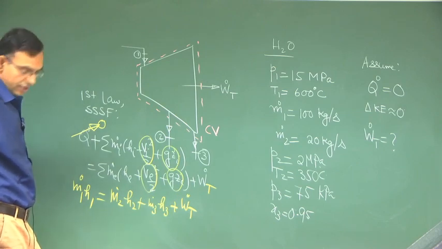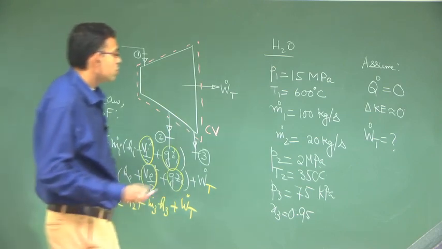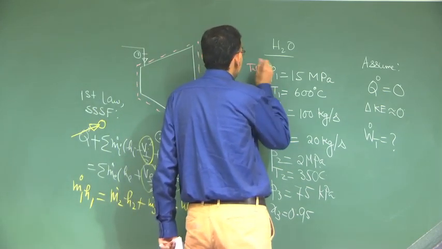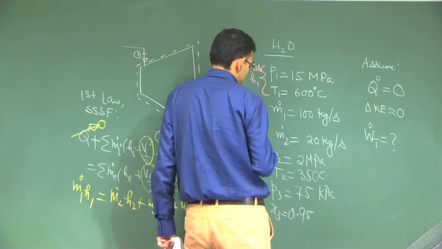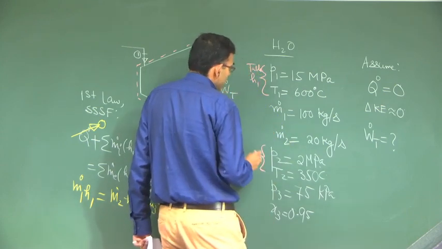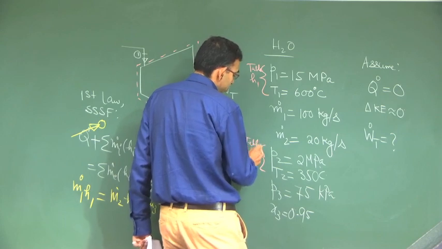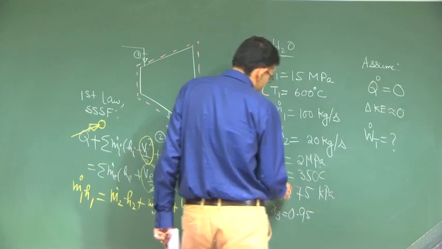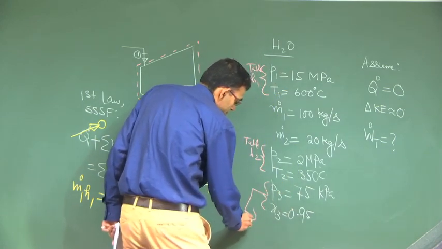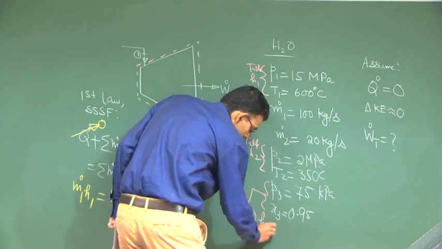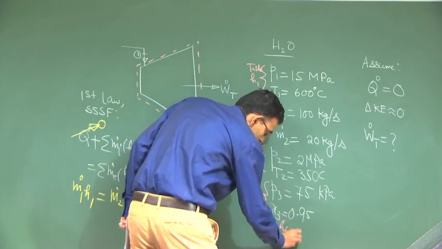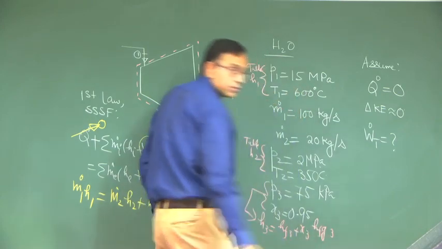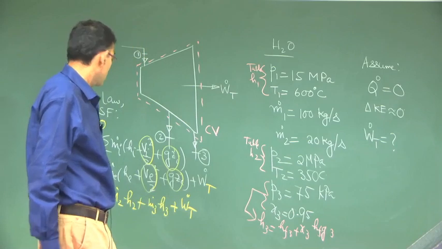Now, the problem is very straightforward. If you know P1 and T1, from the steam table you know what is h1; from P2, T2 from the steam table you know what is h2; P3 you know and quality you know, so from the table you have h3.